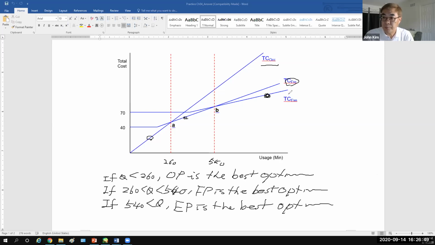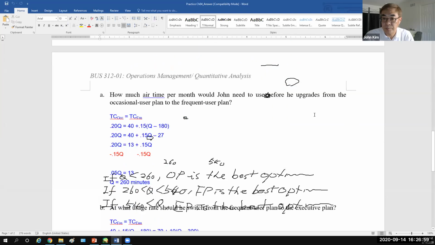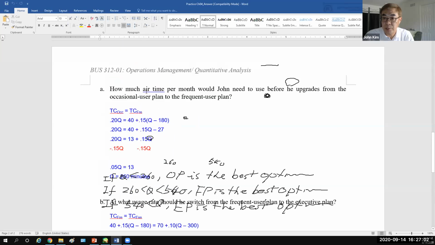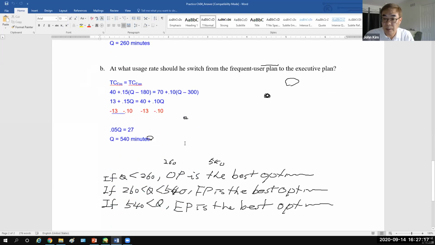So from the question like this, how much airtime per month will John need to use before the upgrade from the occasional user plan to the frequent user plan? So we can divide the three options, boundaries, 260 and 540.